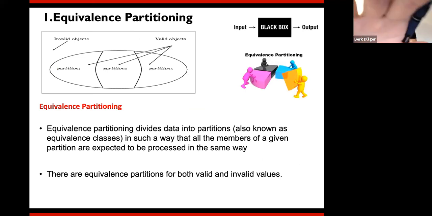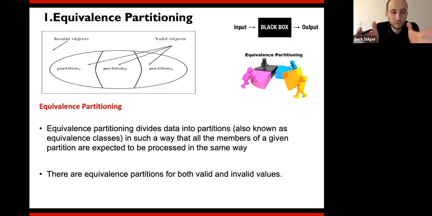So let's start with equivalence partitioning. Equivalence partitioning is a technique which I really like. It's not that hard to use, not that hard to benefit from, but very useful, very effective technique. Equivalence partitioning tells you for input there are some classes you can group your inputs.